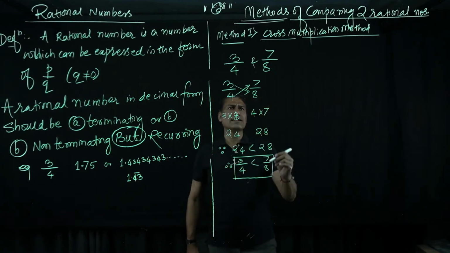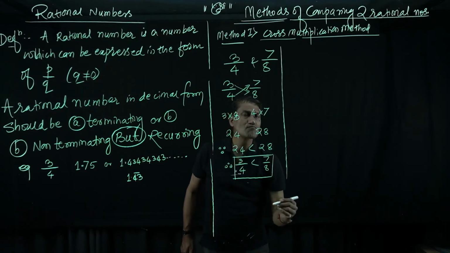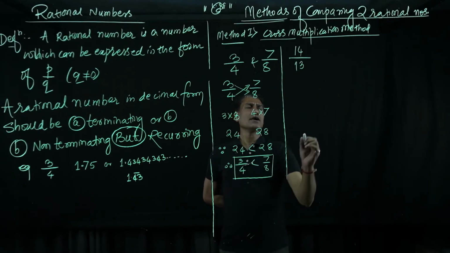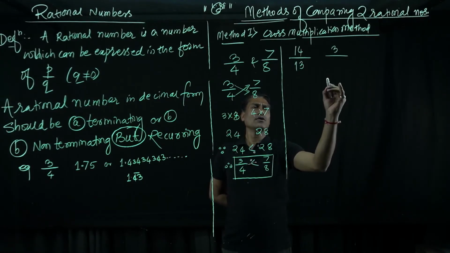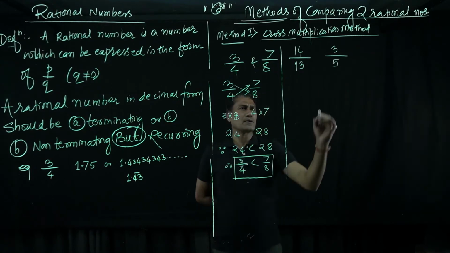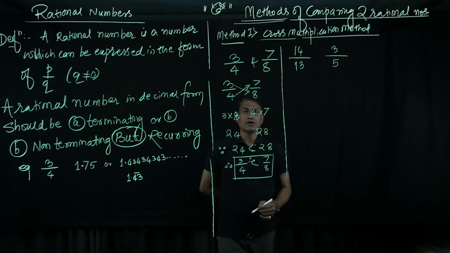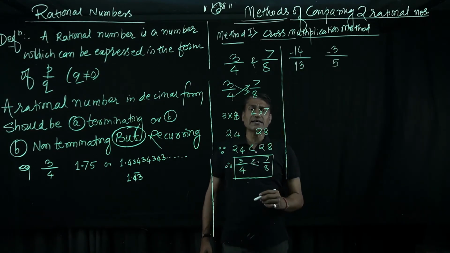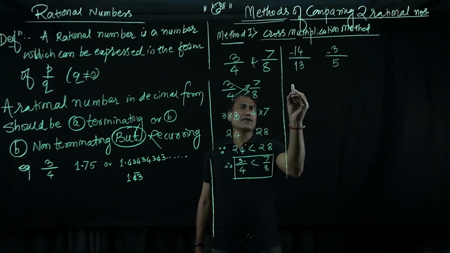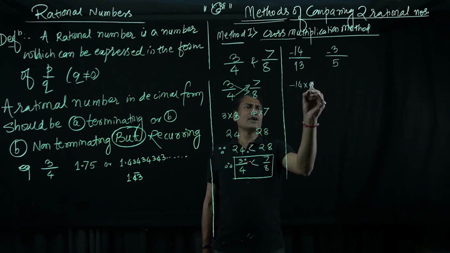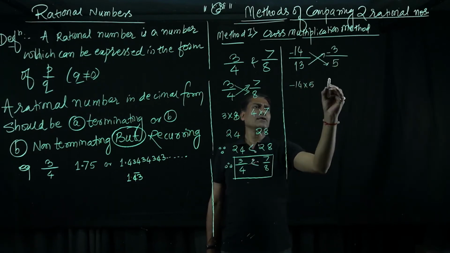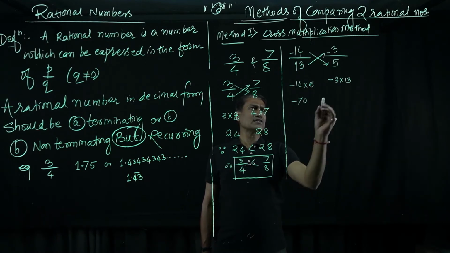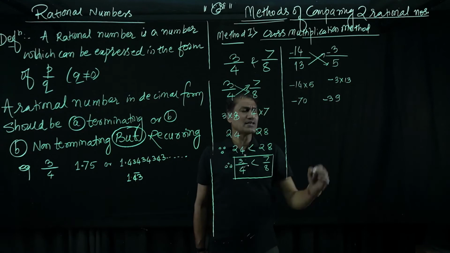One more example I will take here. Minus 14 upon 13 and minus 3 upon 5. Let us take negative numbers. So, now we will say minus 14 into 5 and minus 3 into 13. 14 5s are 70 with a minus sign, 13 3s are 39 with a minus sign.